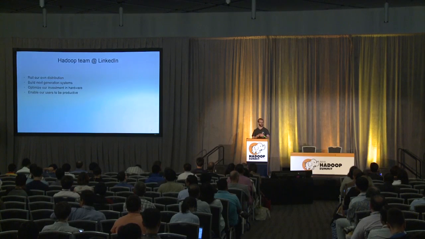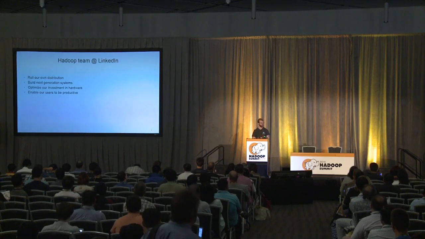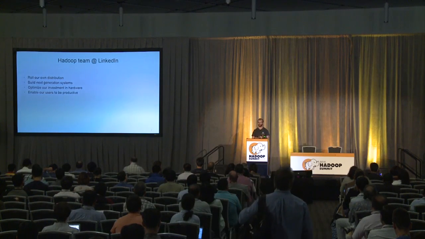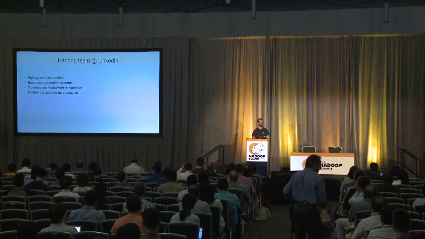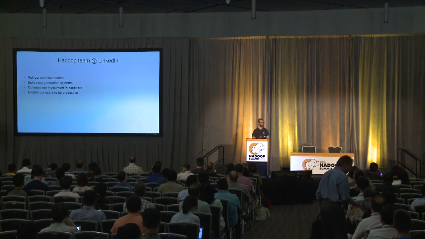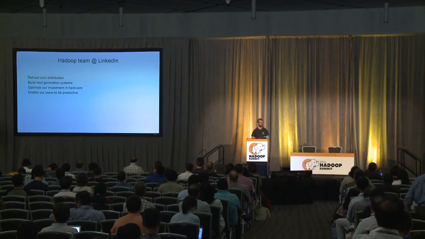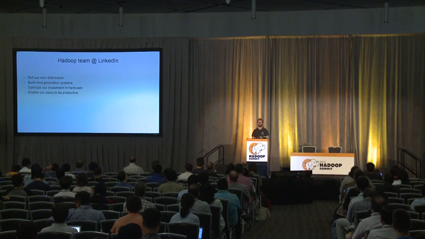But in addition, we have very large investments in both hardware and people. And so we want to make sure that our hardware is being used efficiently, and that the people who use our system are spending their time efficiently, right? So what are the ways that we can do that?